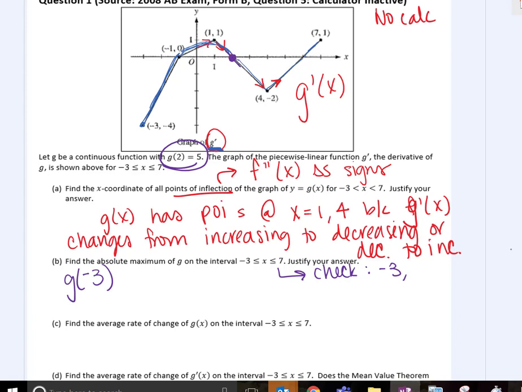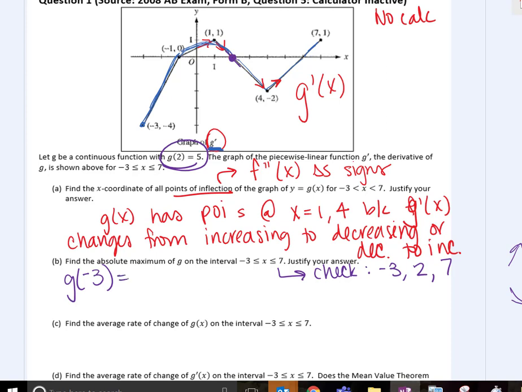And if I think about that on a graph, we're going from increasing to decreasing, that's a maximum. So I'm going to be checking 2. And then I'm going to be checking positive 7 because that's my endpoint. And these other guys here, it looks like -1 and positive 6, those are both minimums because we are going from decreasing to increasing. So we don't have to check those at all.